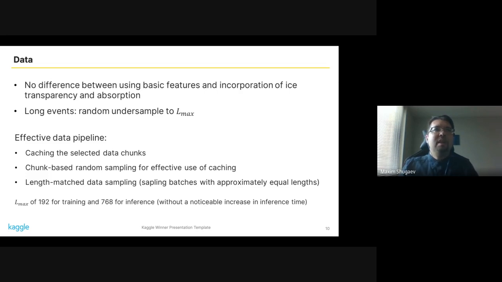Use of length-matched data sampling has drastically improved the computational speed and enabled us to use sequence lengths of 192 for training and 768 at inference without a noticeable increase of the inference time.